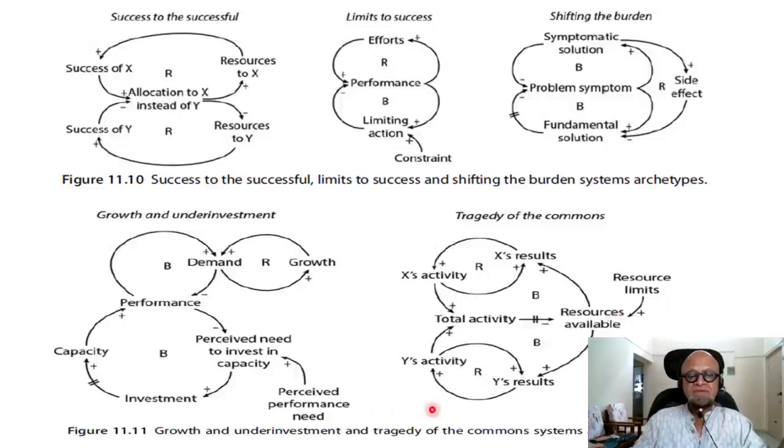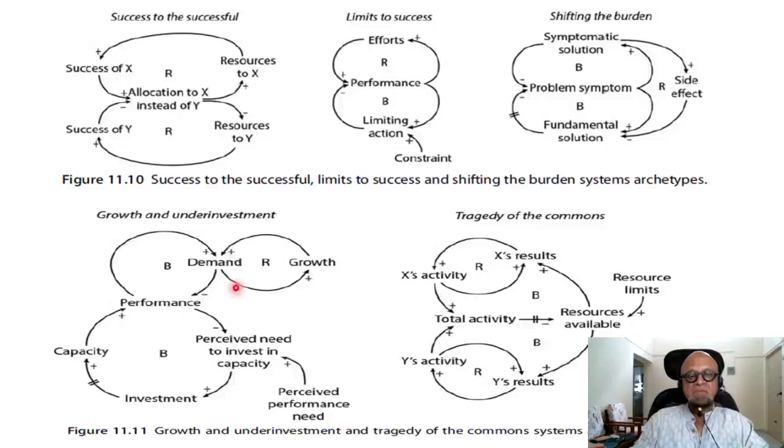Okay, so underinvestment again happens because you have a perceived need for investment in capacity, and you have performance, and demand and growth are trying to balance each other. The perceived performance need adds to the perceived need to invest in capacity, which demands investment, but then capacity may come with a delay and not affect the performance as much as you want to meet the demand.